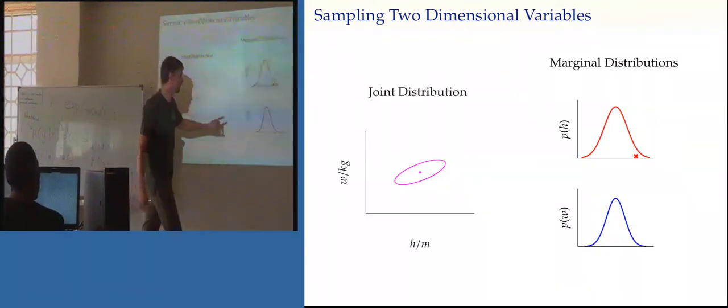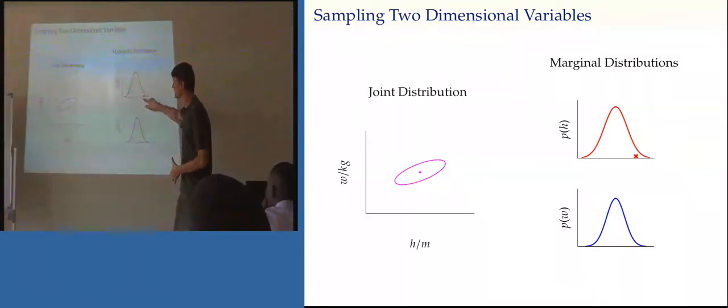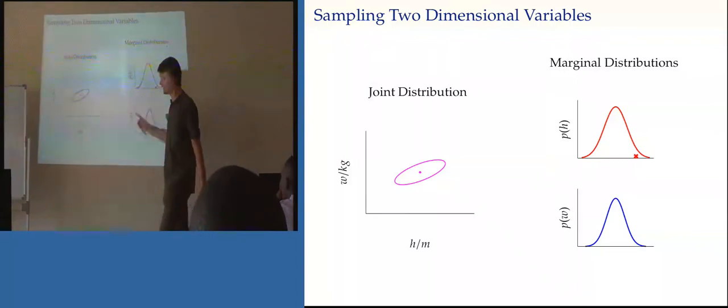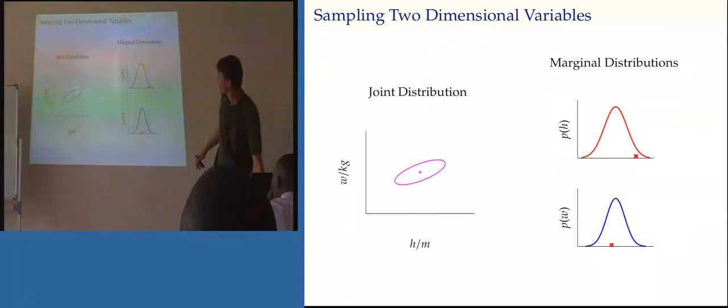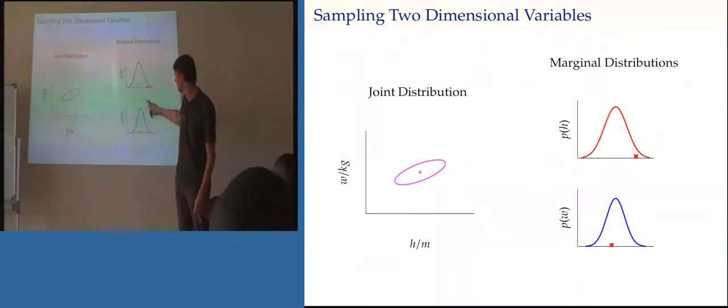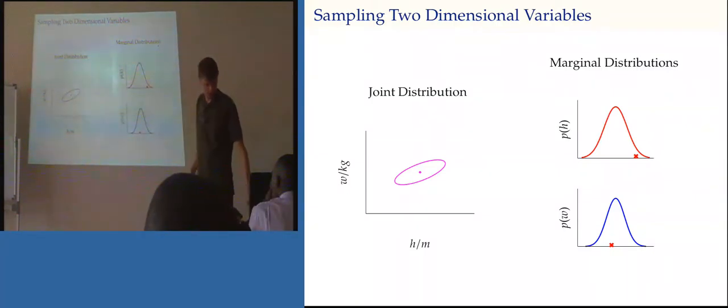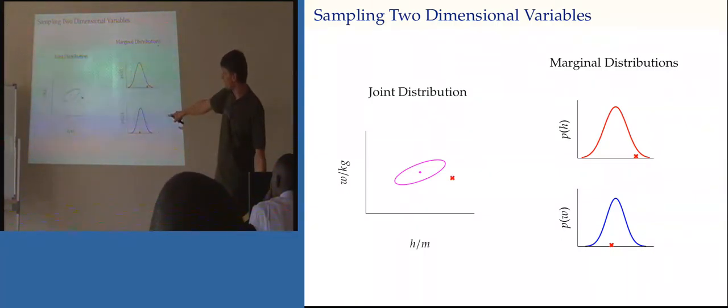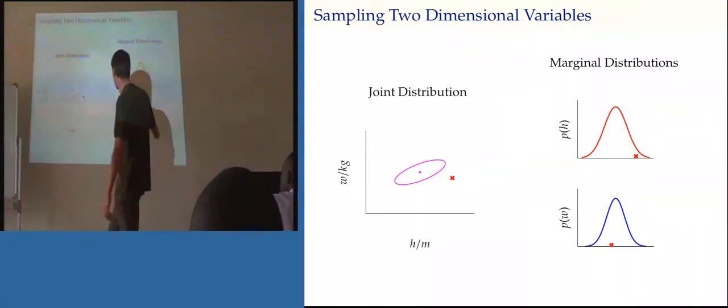But we've now got a correlation. So now I can't just independently sample H from W. What I need to do when I've sampled the H, I have to conditionally sample W. So that is a conditional sample on W given H. And we're going to do a little bit more on what pictorially the conditional distributions are like.